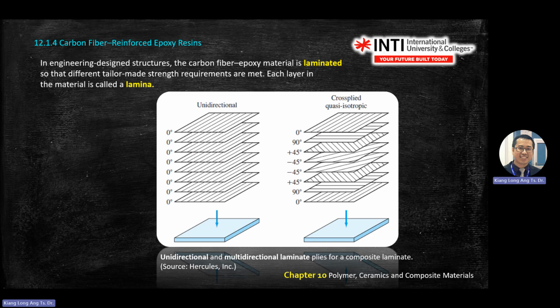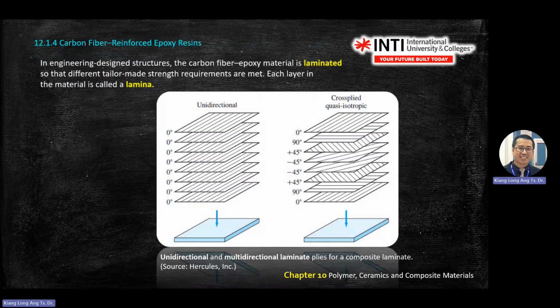Uni means the same, 0 degree, 0 degree, 0 degree. Cross-ply quasi-isotropic means you have a different combination of angles. Okay, 0, 90 degree, 45, minus 45, minus 45, plus 90 and 0. Both form a laminate fiber.